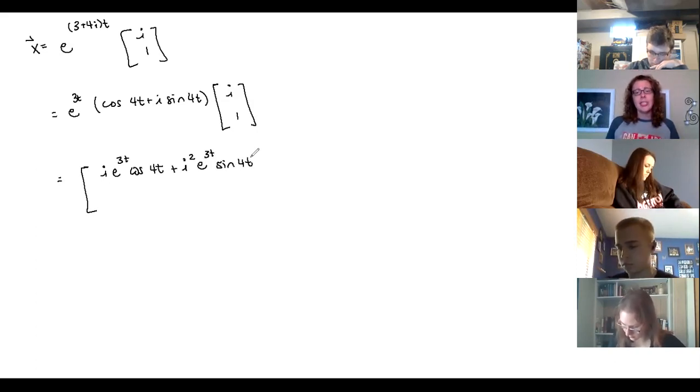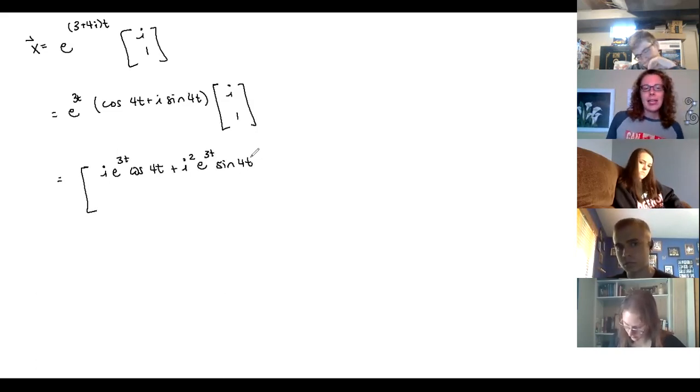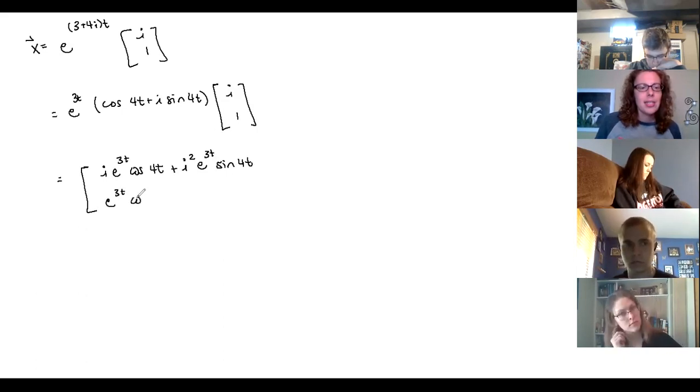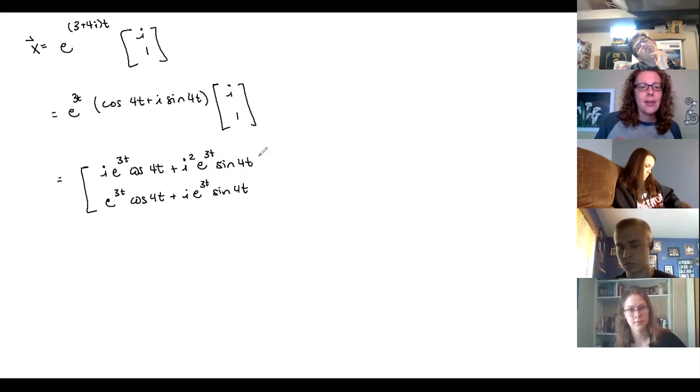Distributing the e to the 3t times both pieces and multiplying everything times i: i e to the 3t cosine 4t plus i squared e to the 3t sine 4t. And then the second one just gets multiplied by 1. So it's e to the 3t cosine 4t plus i e to the 3t sine 4t.